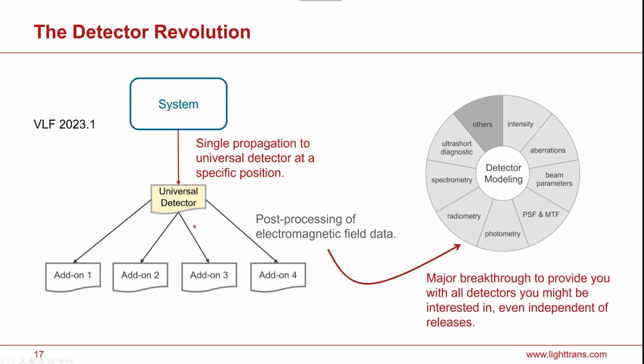And it also means that's a major breakthrough to provide you with all the detectors you might be interested in. And I think that's also very important because it's post-processing. It is not related to the modeling engine itself. It's a post-processing of the field data. If there is a detector missing, first you can program it yourself very easily with these add-ons, as we will discuss on Thursday.